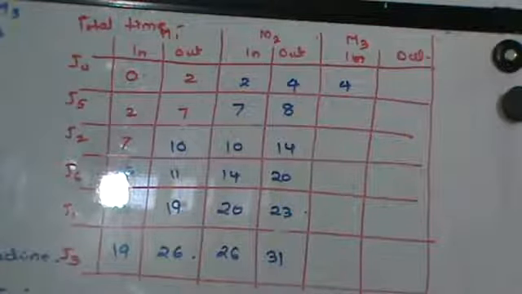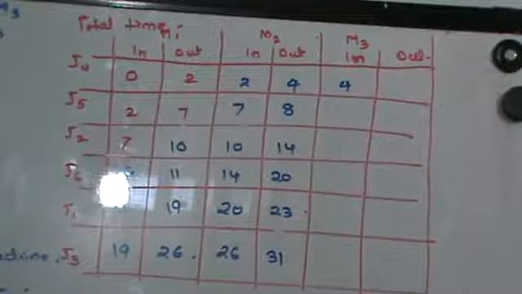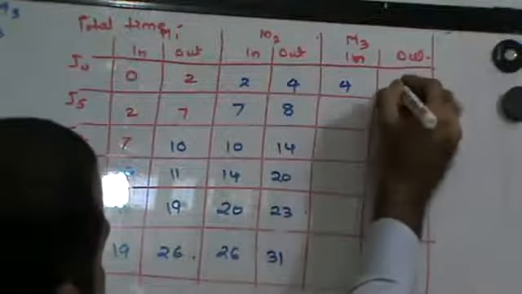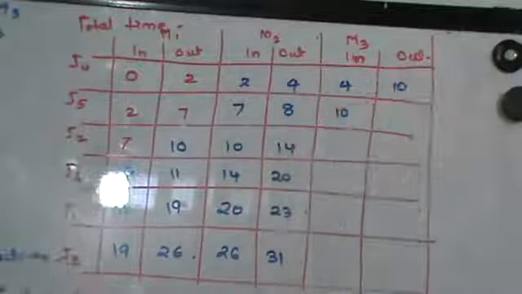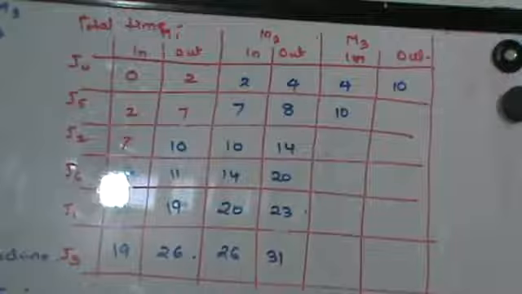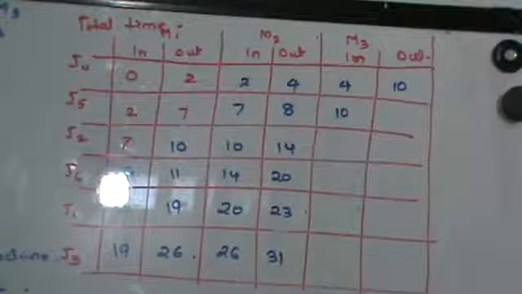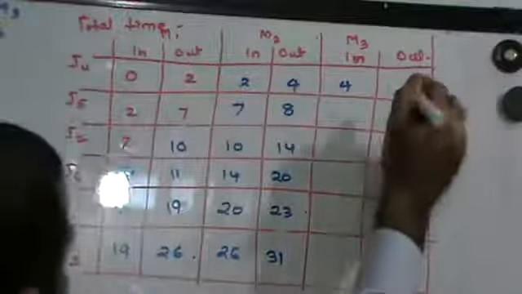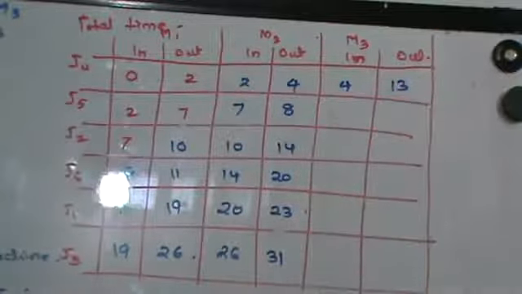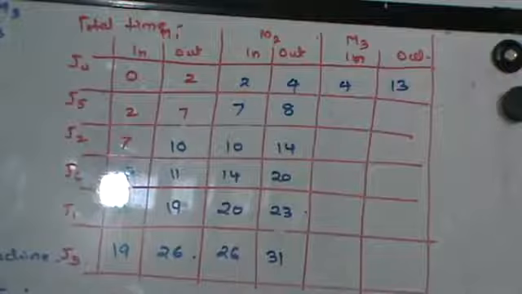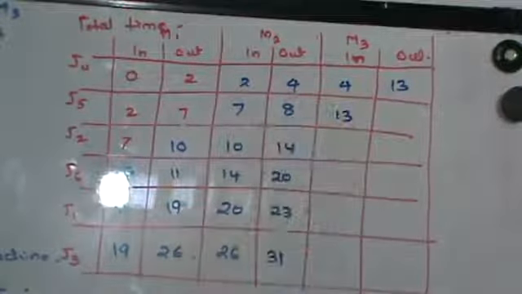Now machine 3: J4 takes 9 hours, so that is going to be 13. Right? So that 13 comes down here as it is.